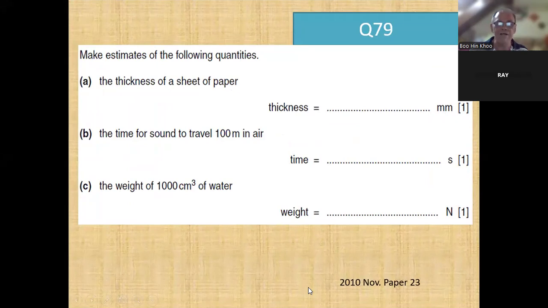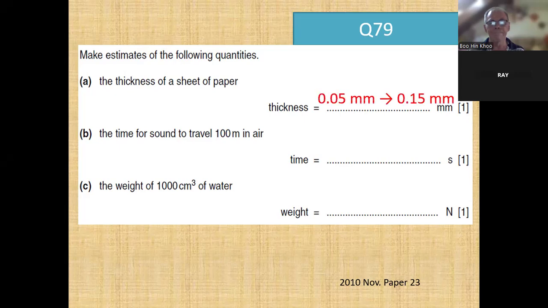Okay, make estimates of the following quantities. Thickness of a sheet of paper, 0.1. Okay, acceptable. Time for sound to travel 100 meter in air.